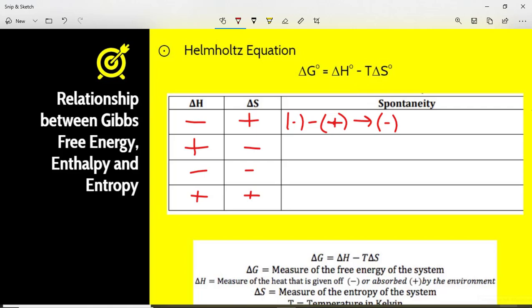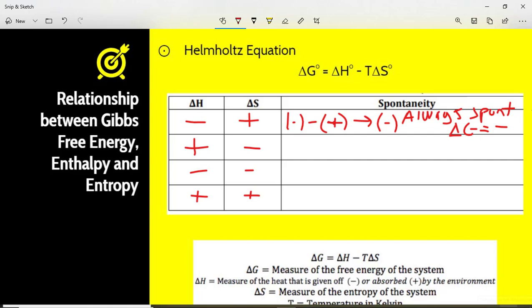Which means that this is always going to be spontaneous. Meaning that reaction is always going to go spontaneously, because delta G here is always going to be negative. All right, let's look at the opposite here.